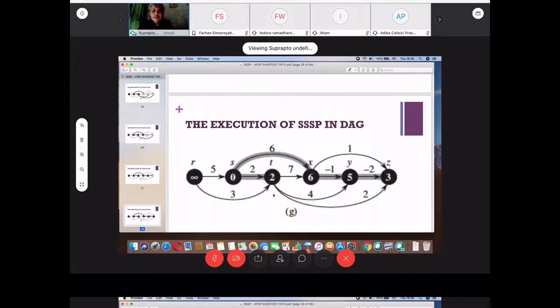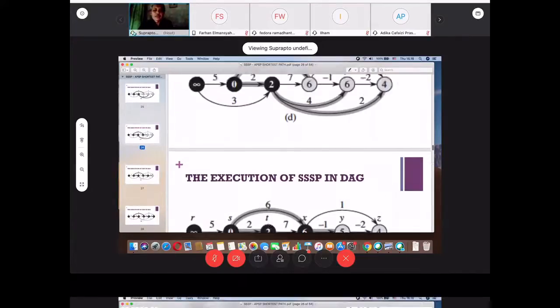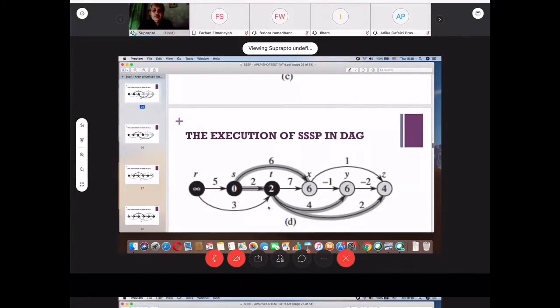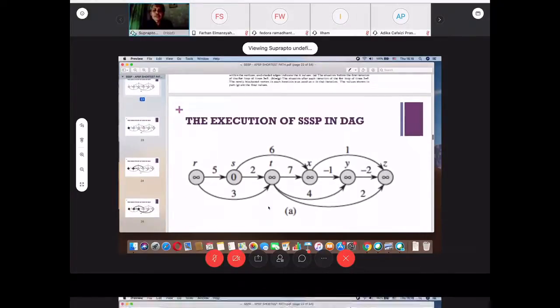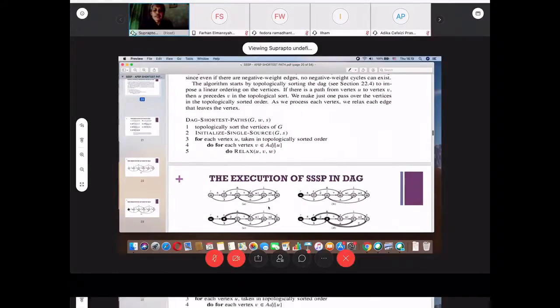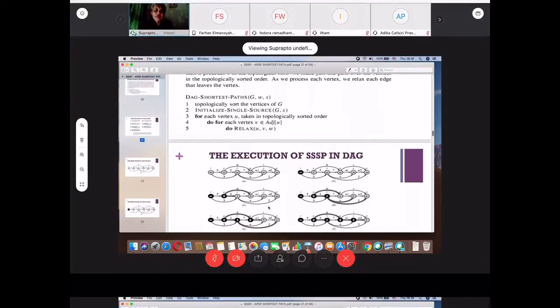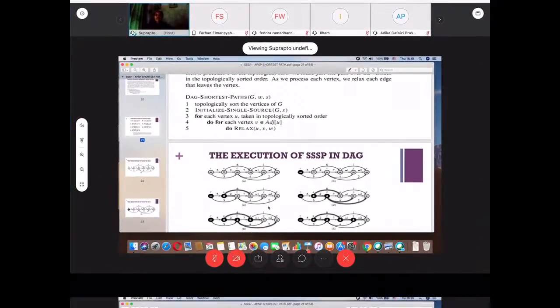So, the point is that the result depends on the result of the topological sort. And the result of the topological sort depends on the selection of the source when you call the DFS, right? Because topological sort calls the DFS.